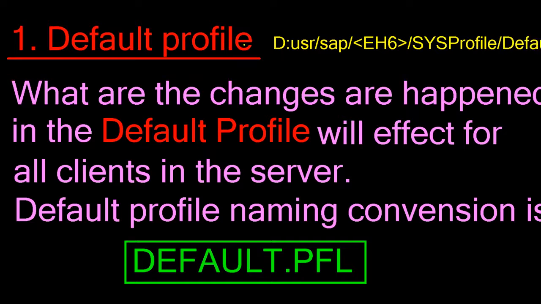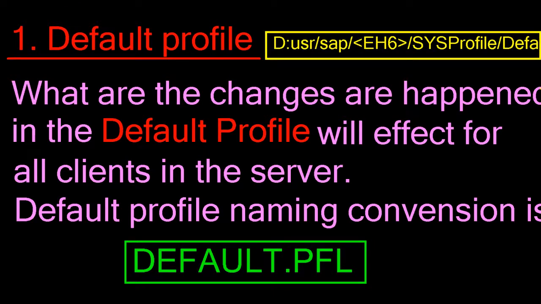Actually, this is the path. In this default profile path, we are able to see default.pfl. So this is the naming convention. The changes happening in default profile will affect the server. Okay, so that is the default profile.